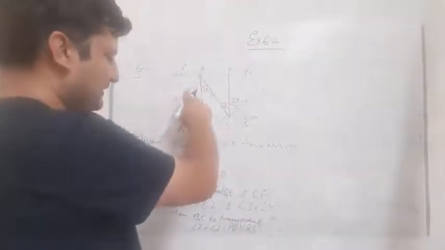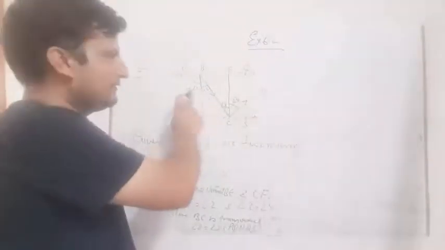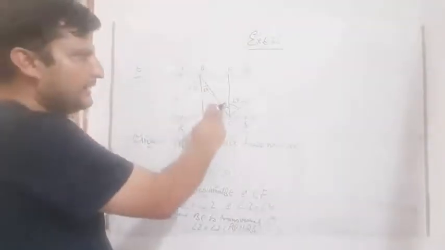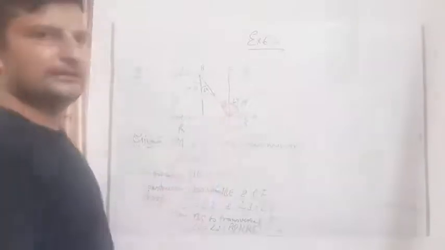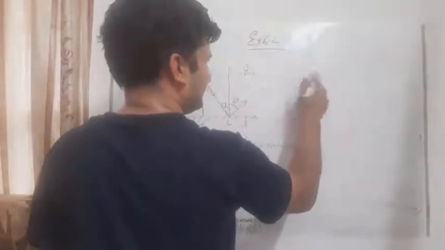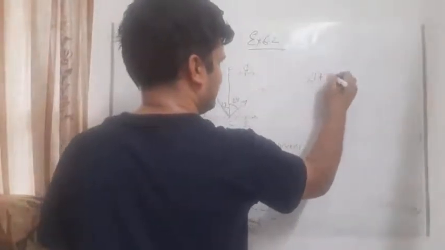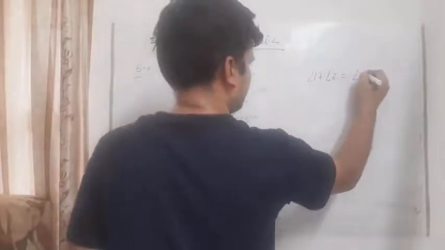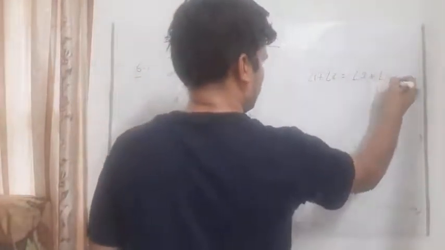Now look here, angle 1 is equal to angle 2. Similarly angle 3 is equal to angle 4 and angle 2 is equal to angle 3. So if I sum these two angles, suppose we can say that angle 1 plus angle 2 is equal to angle 3 plus angle 4.